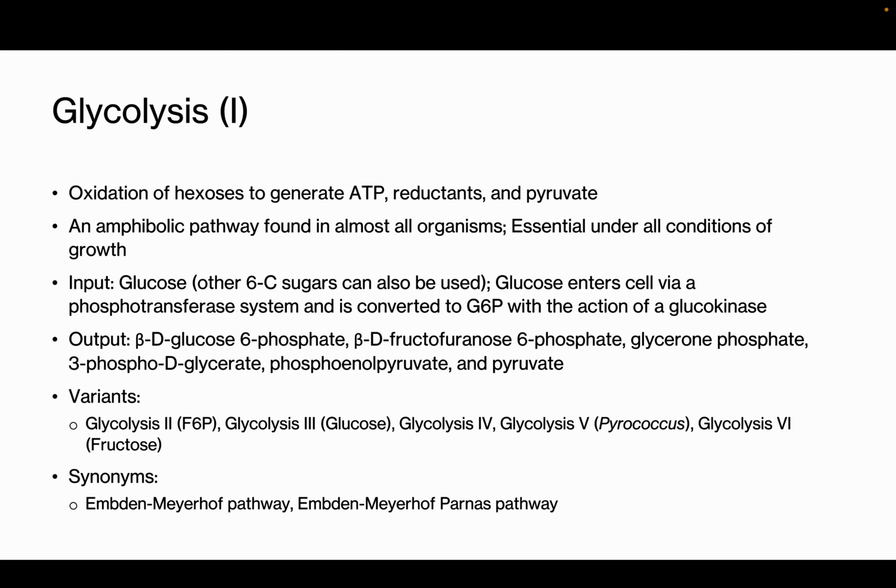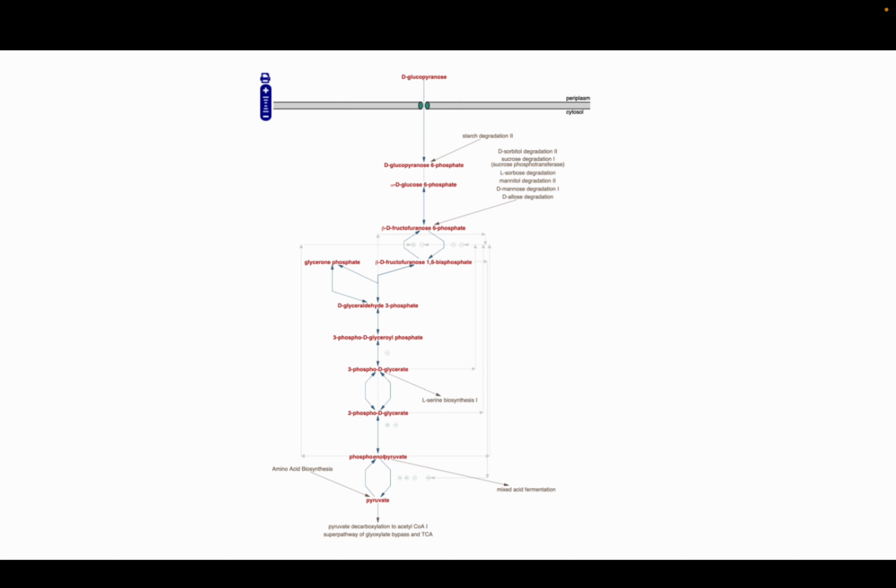Other variants of glycolysis also depend on the species. For example, glycolysis 5 is found in species under the genus Pyrococcus, and in glycolysis 6, fructose is the primary substrate. Glycolysis is also synonymous with the EMP pathway, the Embden-Meyerhof-Parnas pathway.